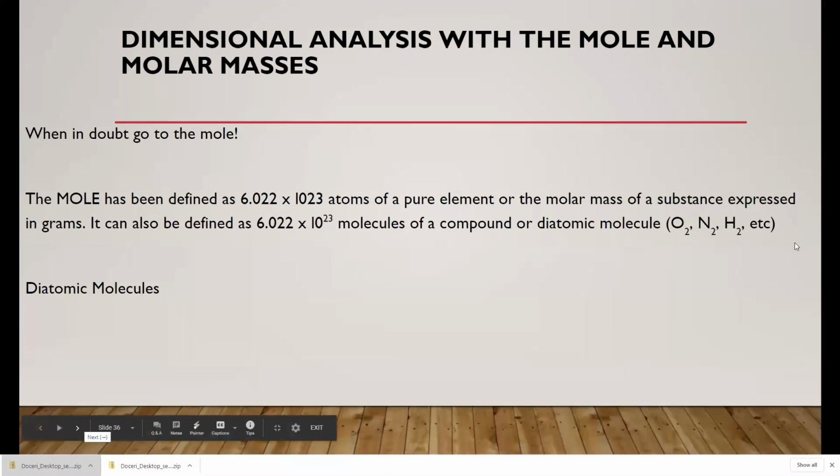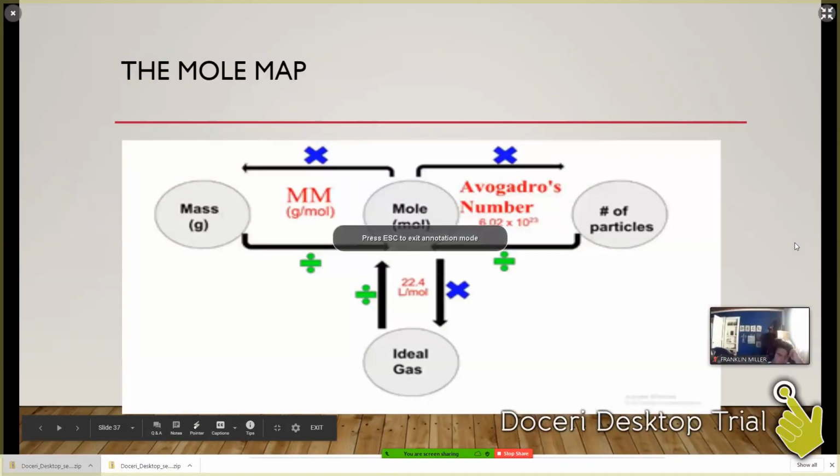All right, the next thing is a mole map. I'm going to show you the process of dimensional analysis, which some kids struggle with. So they may choose instead to memorize this mole map, and this could help them move between things. Let's say that my known was that I had so many grams of something, but I wanted to convert that to moles.